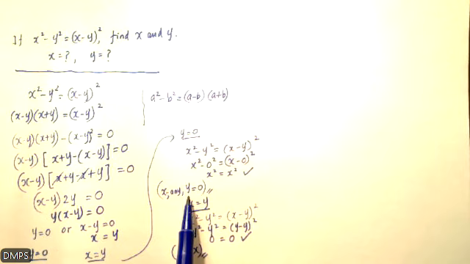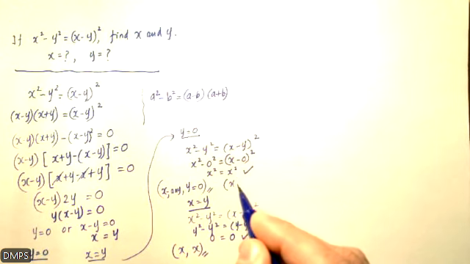y can be 0 and x can be any real number, and any x comma y of that form, x being any real number and y being 0, will satisfy. In other words, that format will be x comma 0.